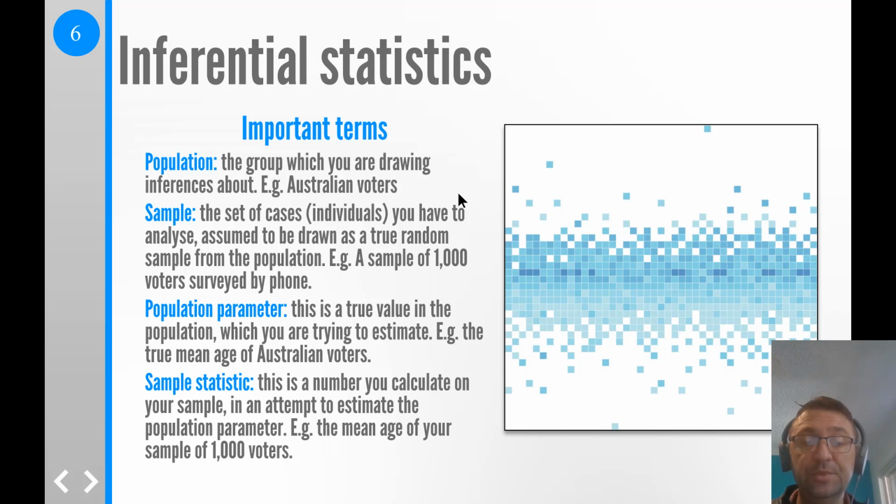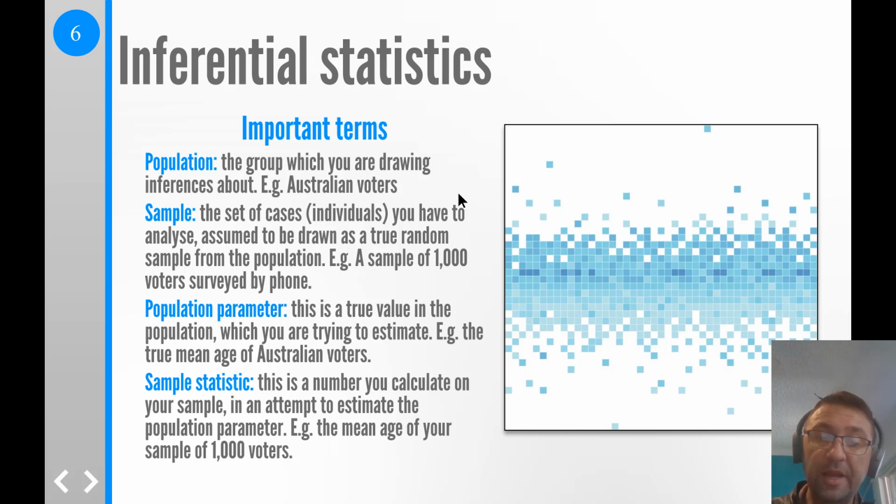But generally speaking, we don't have it. So the population parameter is almost a mythical object that we want to try to estimate.